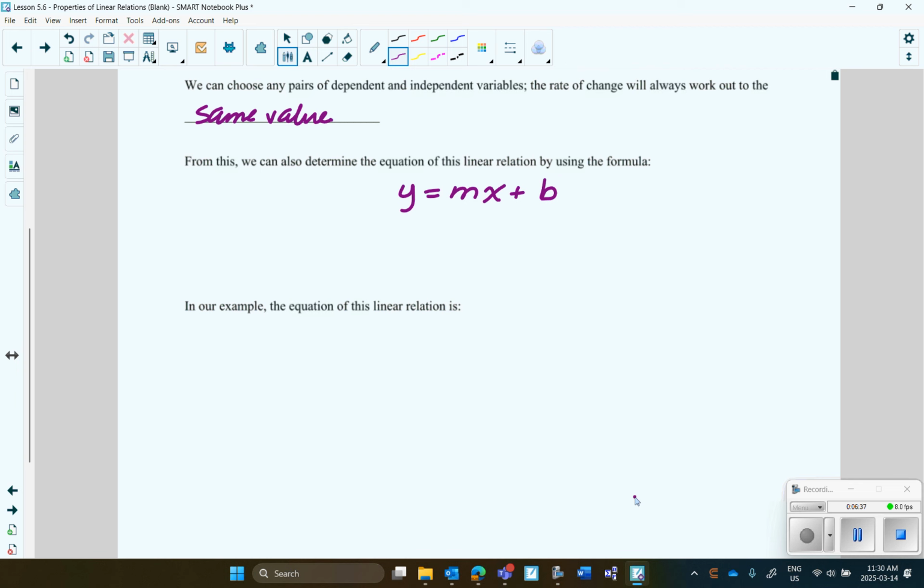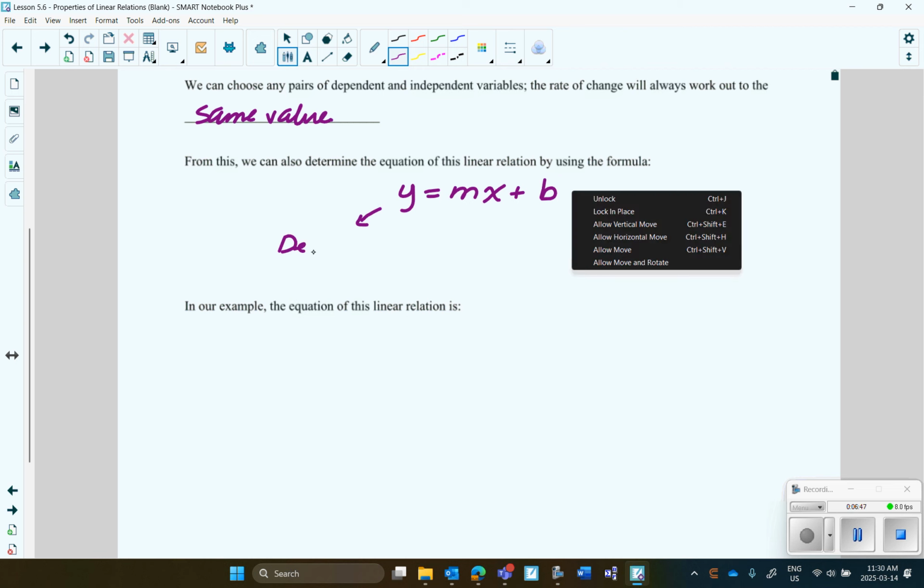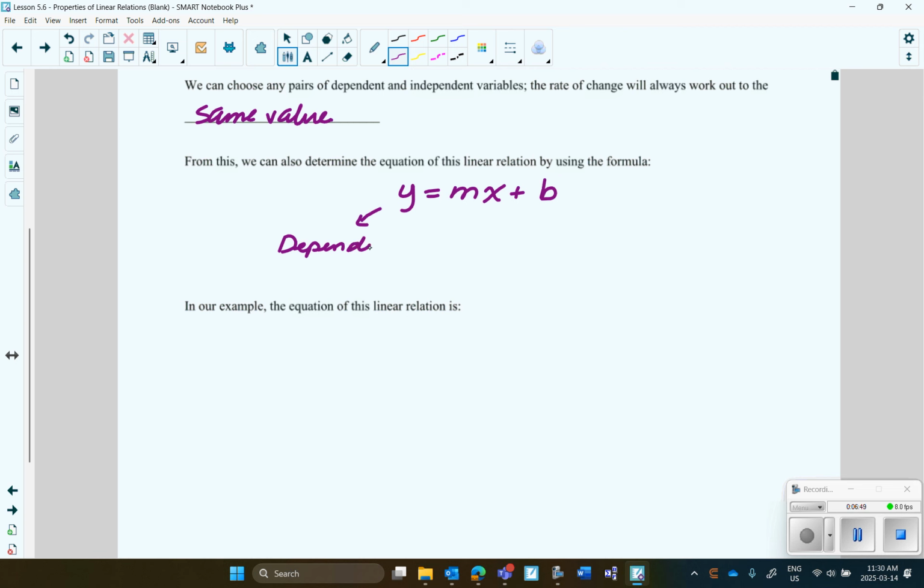Except now we're going to use different words when we're talking about an actual situation. So remember, y is the dependent variable. So whatever the letter for the dependent variable is, equals, instead of m, what do we call it now? Rate of change.